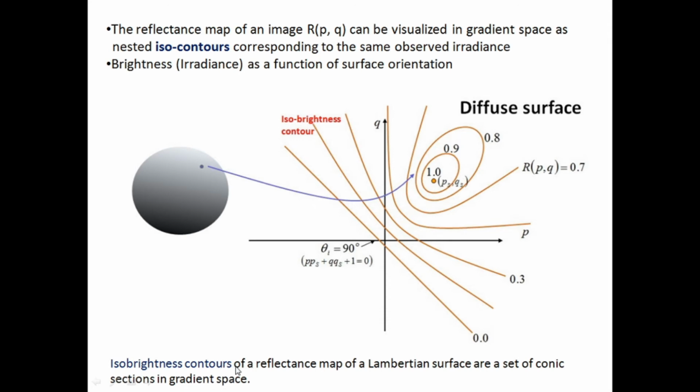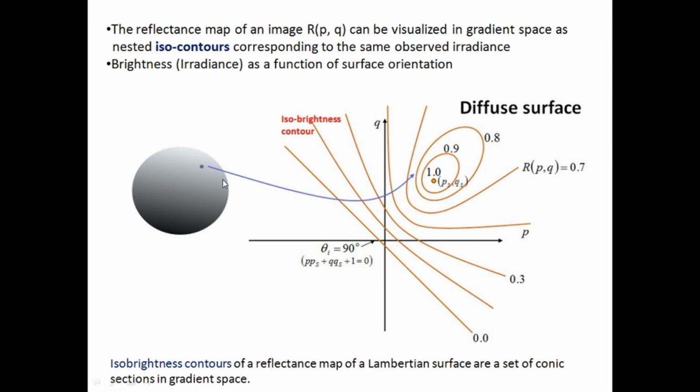These iso contours of the reflectance map of a Lambertian surface are a set of conic sections in the gradient space, because this is a kind of conic shape. So we mainly get a structure of conic shape. That means the brightness is a function of the surface orientation, that is the p and q values.